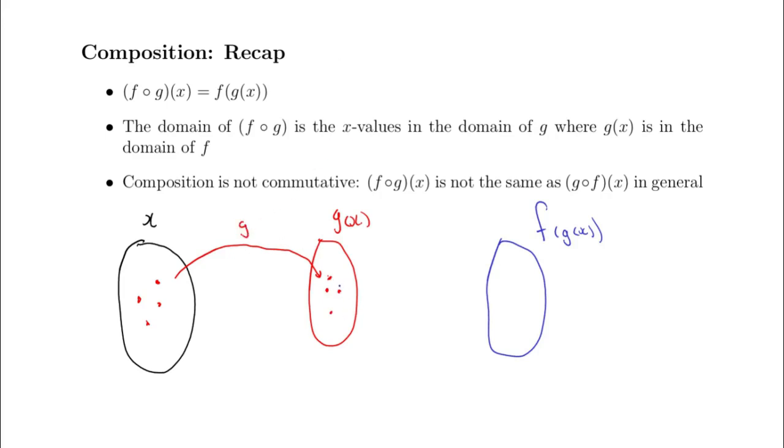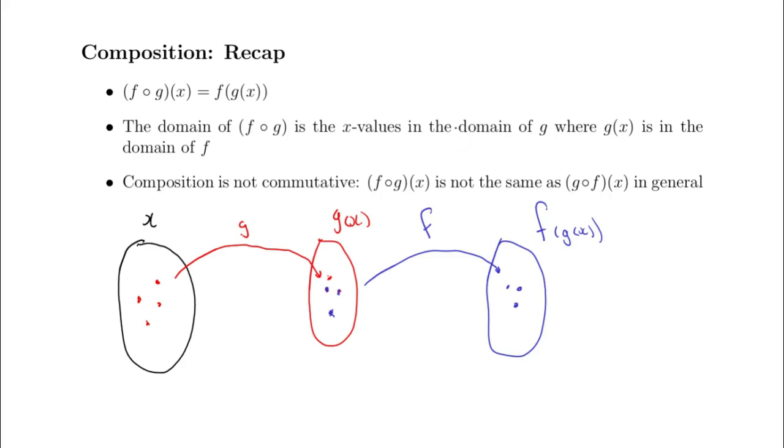And then we take these points and we bring them over to our f of g of x set using our f function. But what we'll notice is that we really only can take the x values that give us outputs of g that will work as inputs of f. So that's what we mean in this second point.